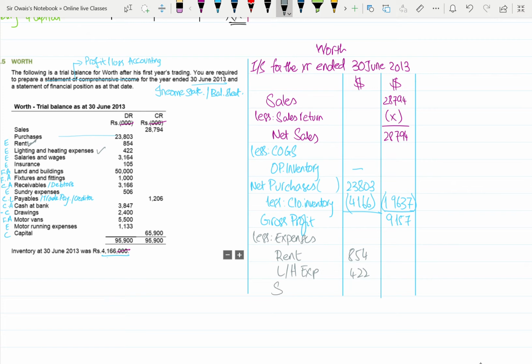Then salaries and wages, 3164. And then insurance. Insurance for this question is 105.